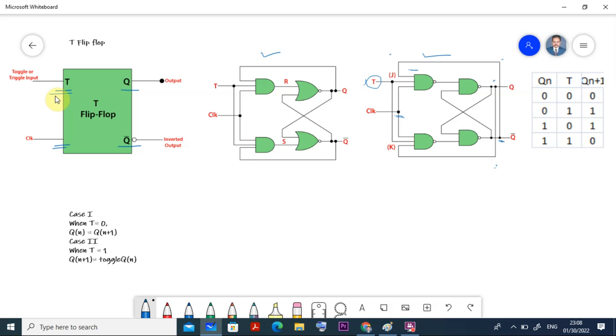When Qn is equal to 0, these two cases are possible. When Qn is equal to 1 also, these two cases are possible.